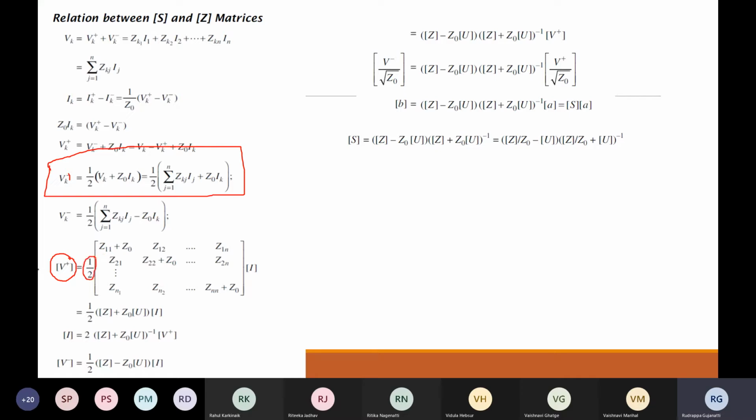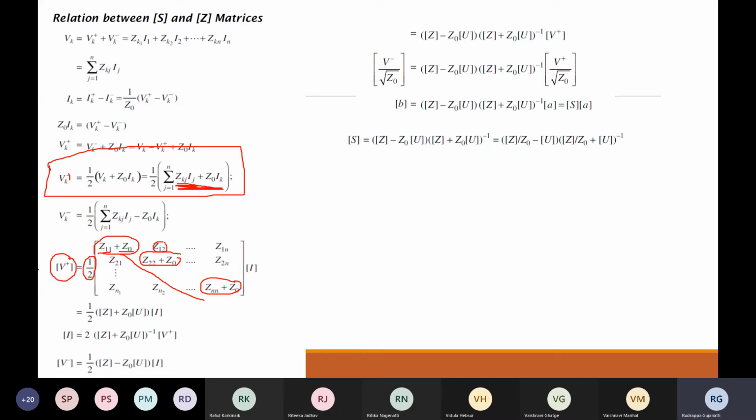So it is equal to half. And when we simplify and obtain its equivalent representation, we obtain Z11 plus Z0. All the diagonal elements, if you just observe, will have the intrinsic impedance added to them: Z11 plus Z0, Z22 plus Z0, and so on up to the nth port, ZNN plus Z0.